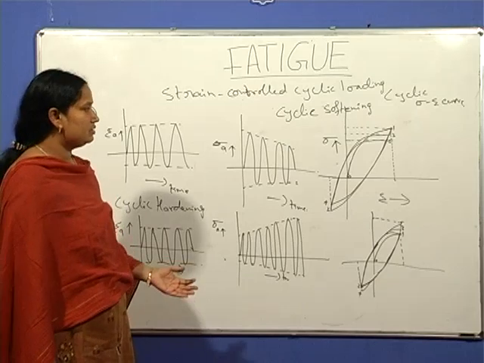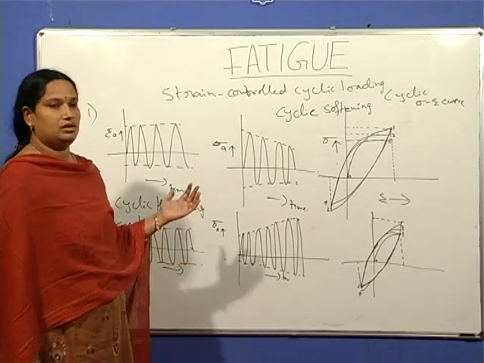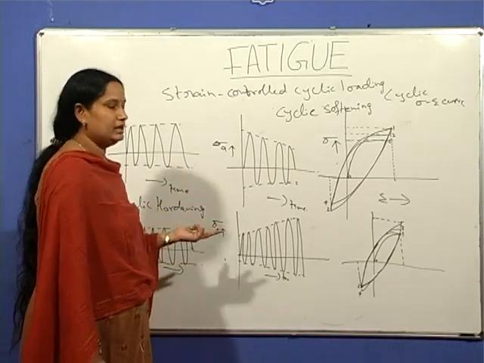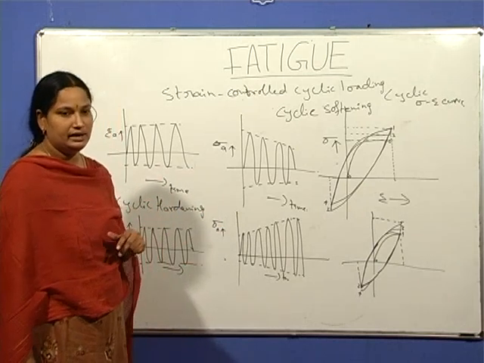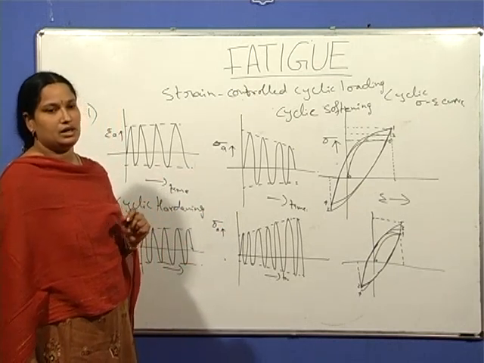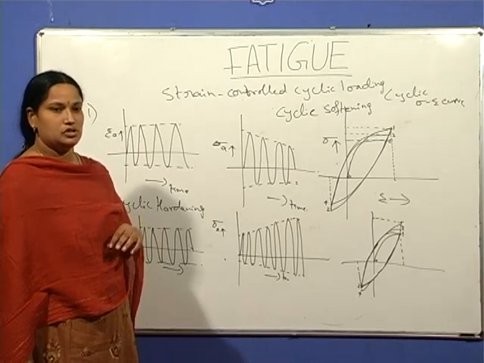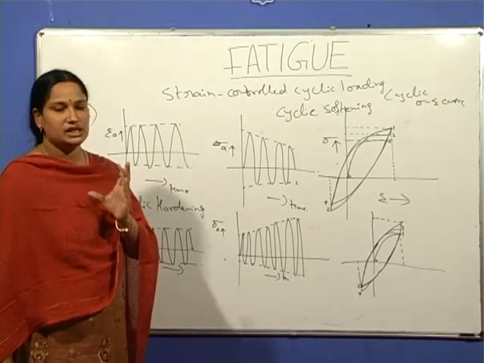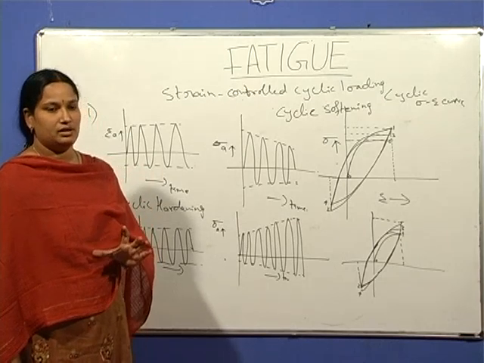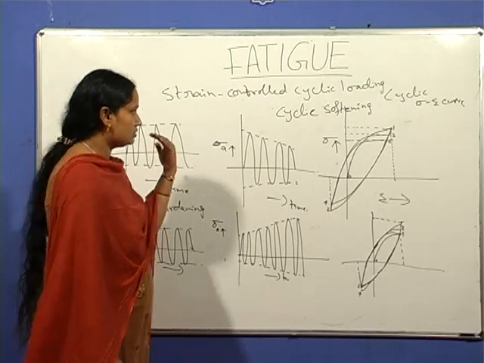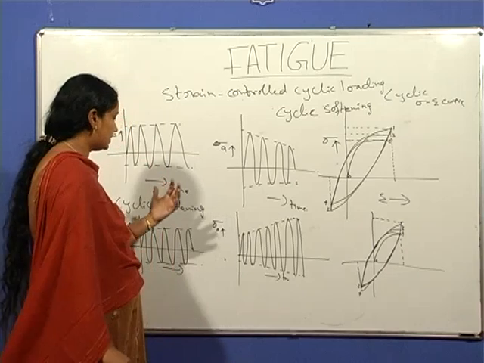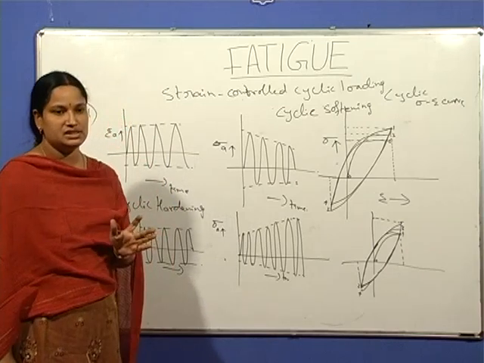The reason why a material shows this type of cyclic softening or cyclic hardening depends upon the dislocation microstructure. So, depending upon the initial condition of the material, it either undergoes cyclic softening or cyclic hardening, or it remains stable.